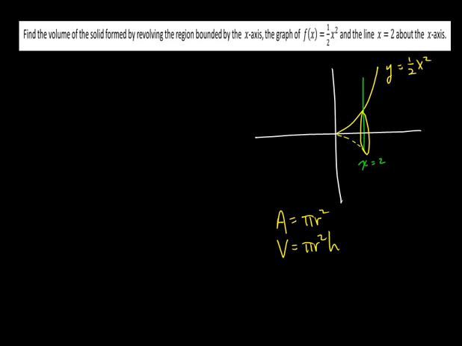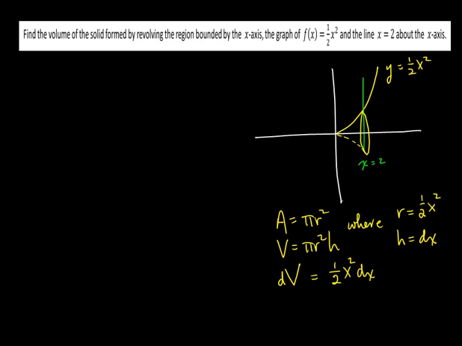In this case we have pi r squared. Well, the radius is just the height of the function at that point. And the thickness of it, or the height of the cylinder, is going to be dx.